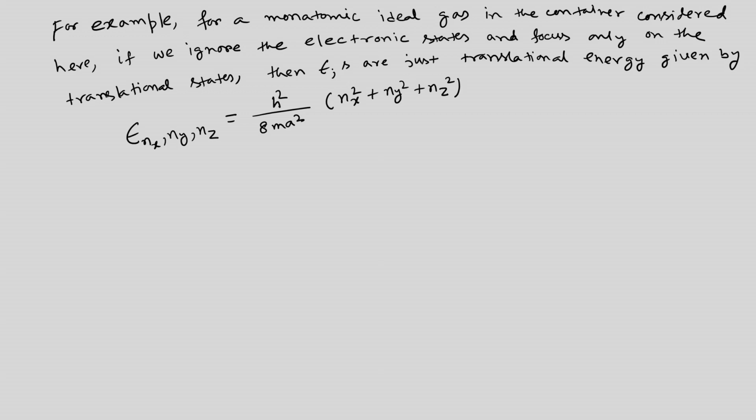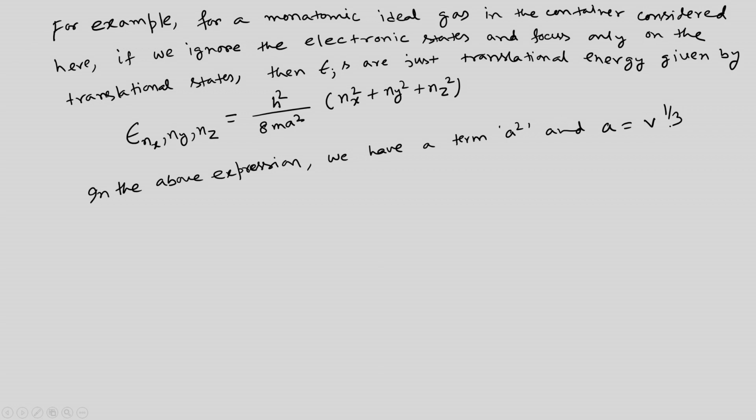So, if we see this expression here, we see that there is one term called a to the 2. So, in the above expression, we have a term a to the 2 in the denominator, right? And we know a is nothing but V to the 1/3, since we consider a cubic box.